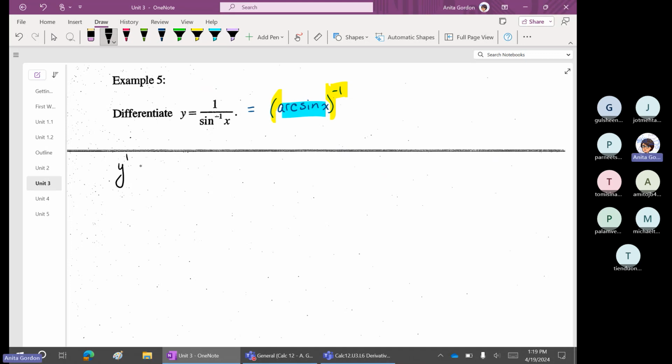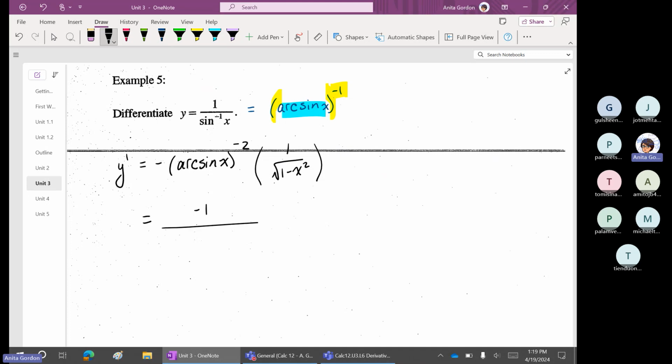So y prime equals negative arc sine x to the power of negative 2, multiplied by the derivative of arc sine, 1 over square root of 1 minus x squared. And looking at this, I don't really think there's a prettier way to write this.